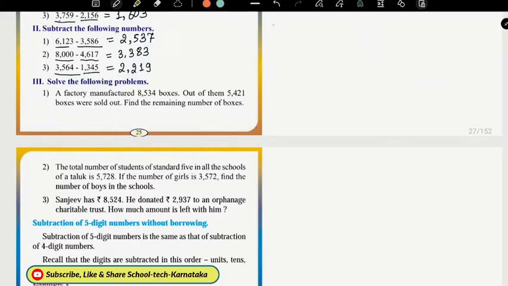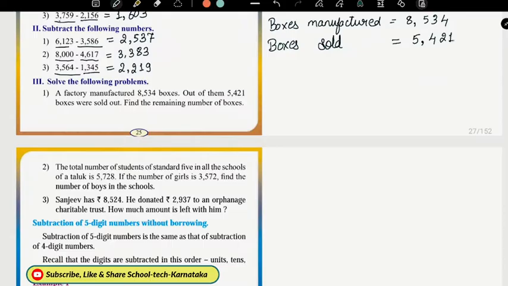So the boxes manufactured is equal to 8,534 and the boxes sold were 5,421. We need to find the remaining number of boxes.